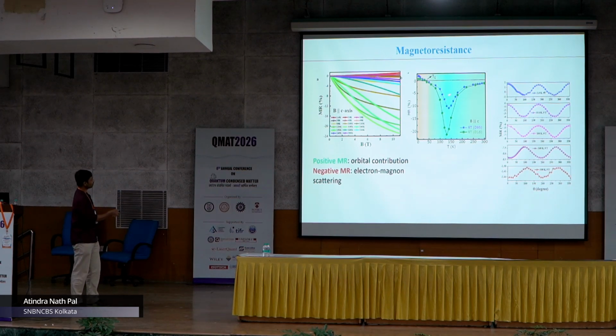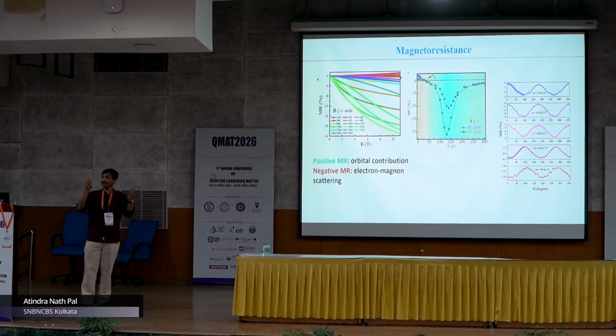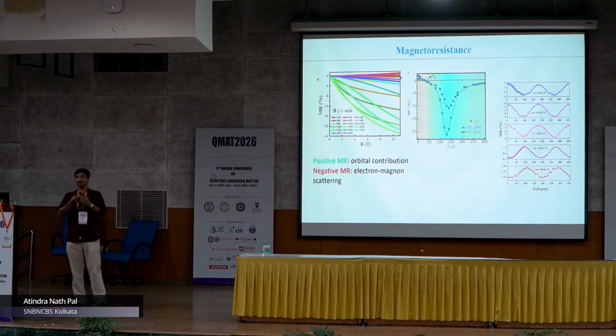If you see the magnetoresistance, we find it is maximum negative near the spin reorientation transition, and below this 50 Kelvin, the magnetoresistance becomes positive. Positive magnetoresistance means it is like a metal, like a Drude model. It behaves like an ordinary metal. Here the orbital part is important and it suddenly becomes positive.